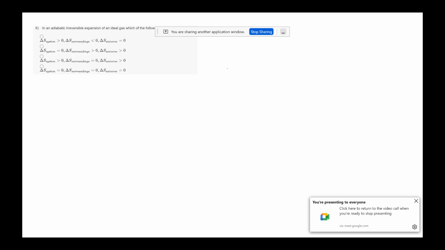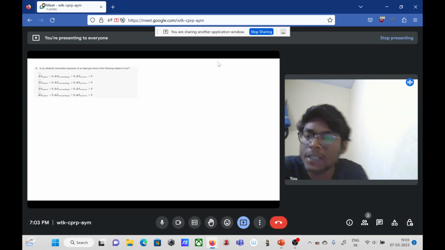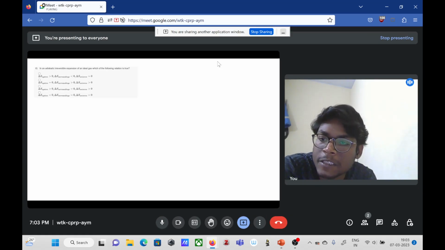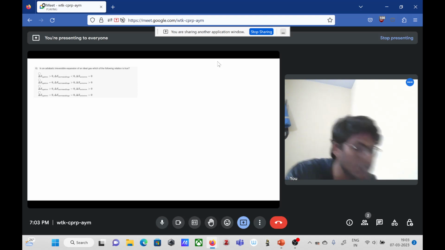Now, the next question says, in an adiabatic irreversible expansion of an ideal gas, which of the following relations is true? Now, if it is adiabatic reversible, then what should be the case?